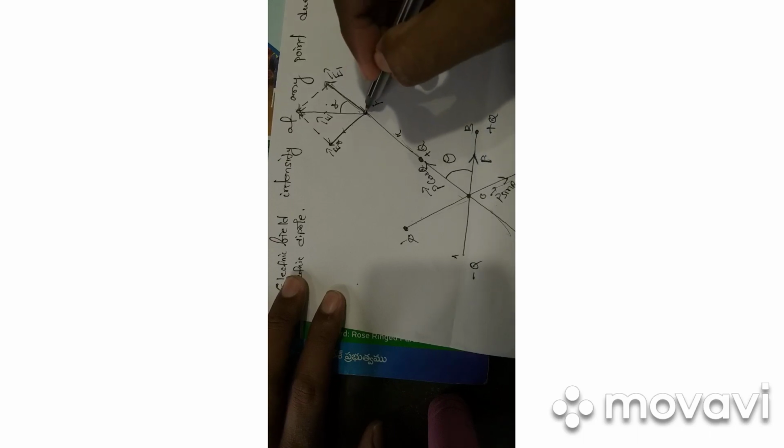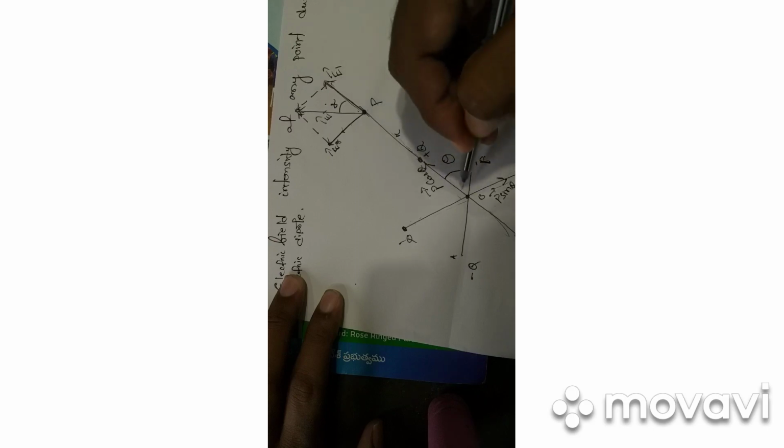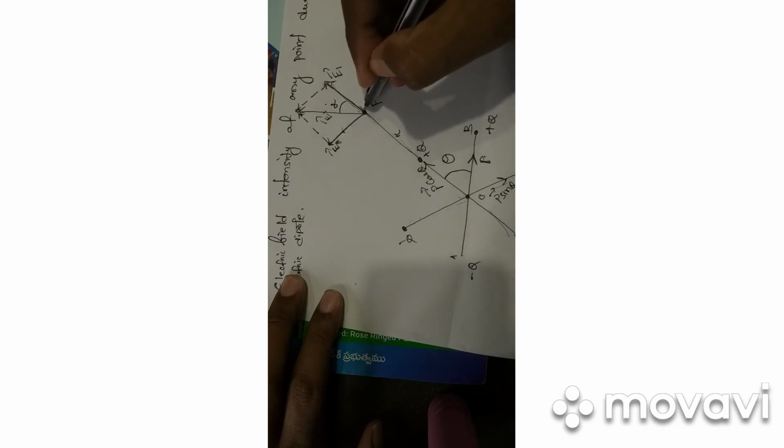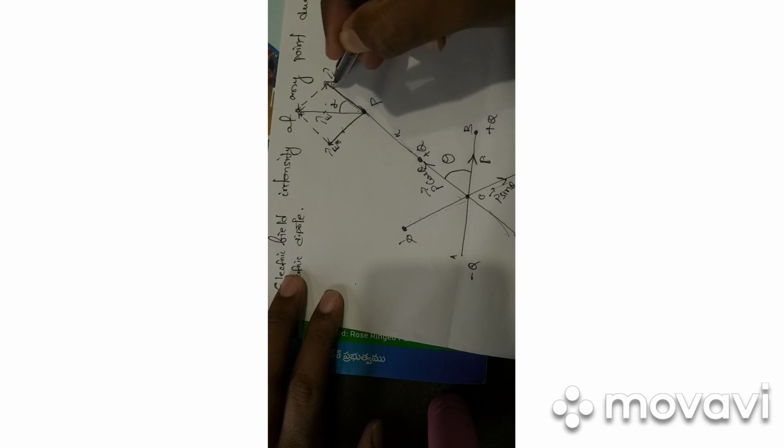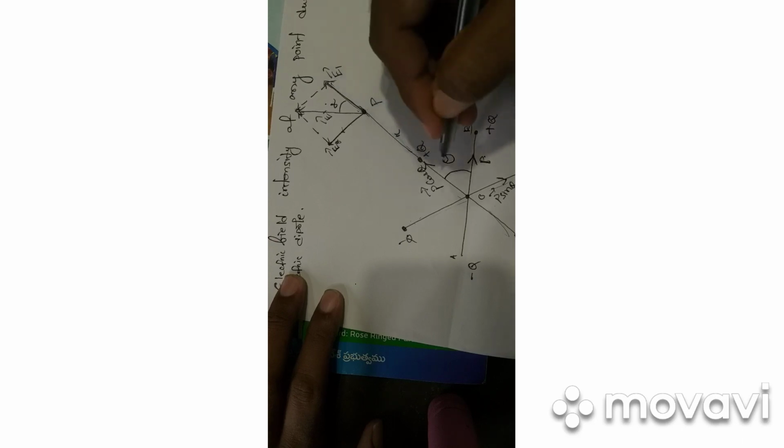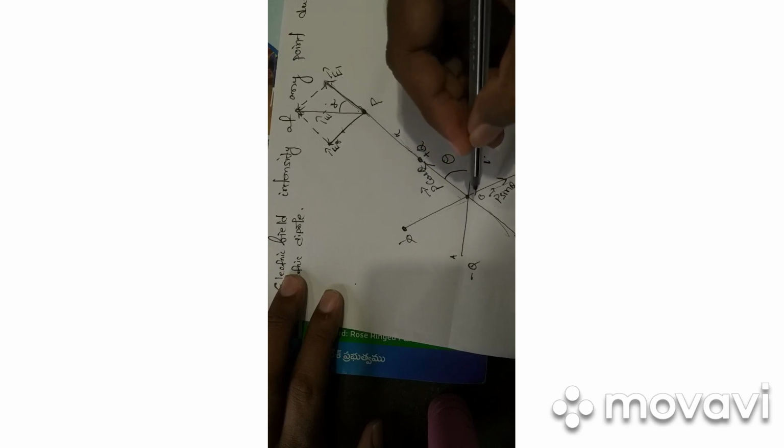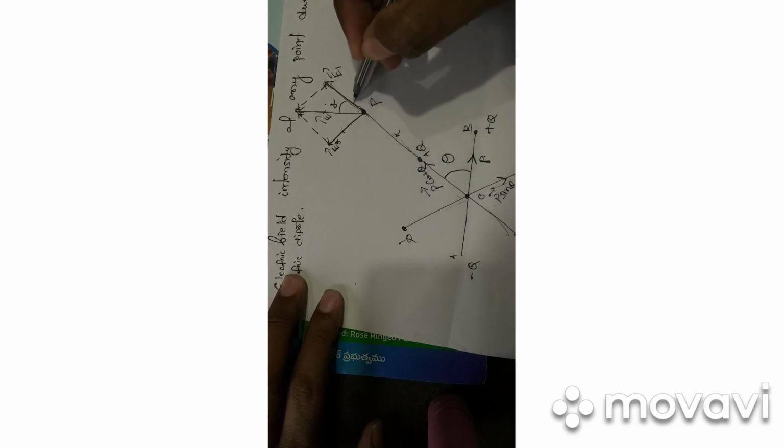So here point P is here at a distance r from the center of the resultant dipole. Now I have to calculate electric field intensity at that point P, so the direction of electric field intensity is along the direction of dipole moment and away from P, so this is the direction of dipole moment.